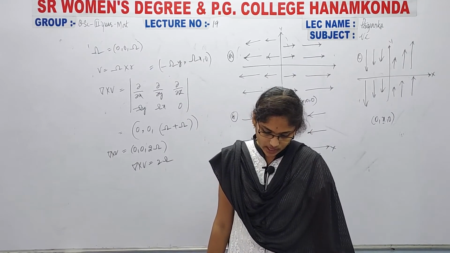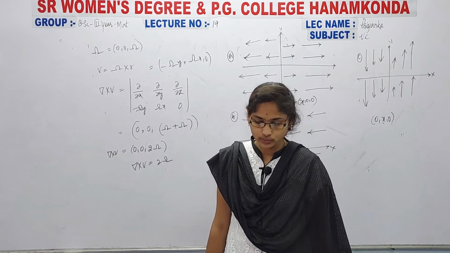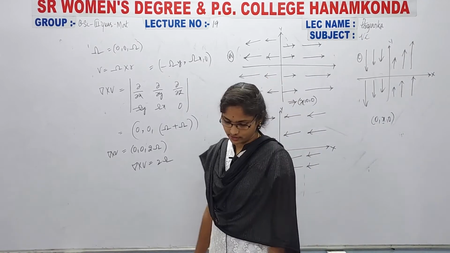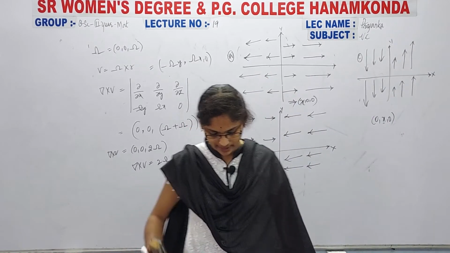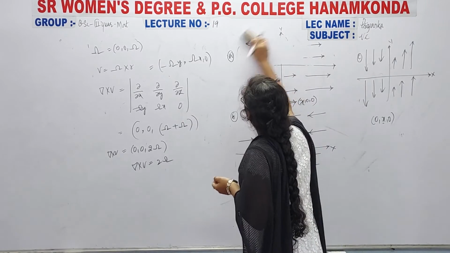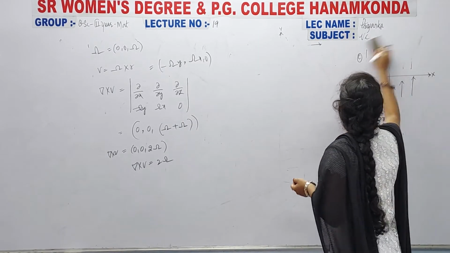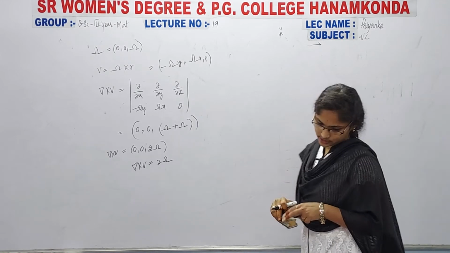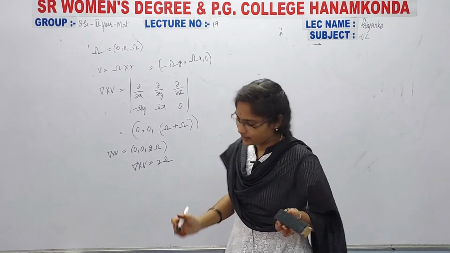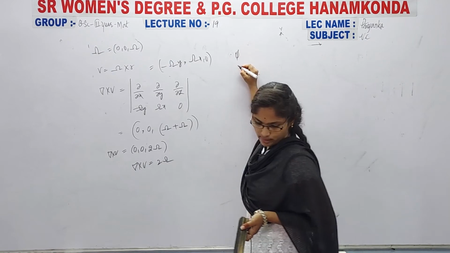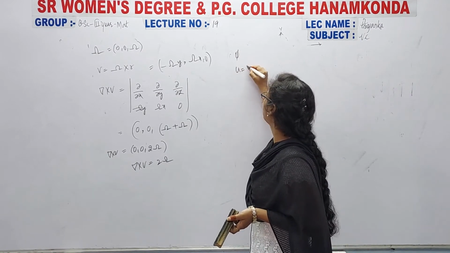Now write down. Suppose that a vector field u is related to a scalar field pi by u is equal to grad pi.